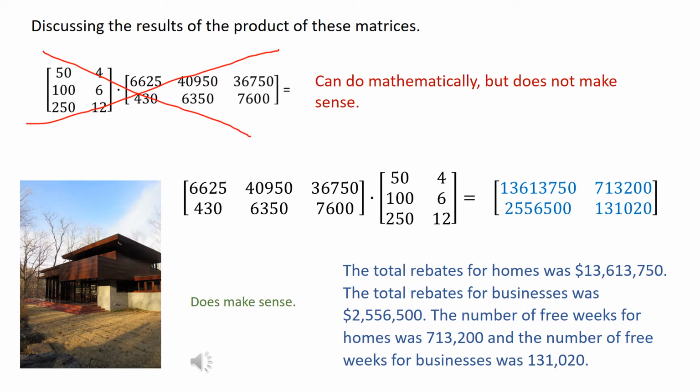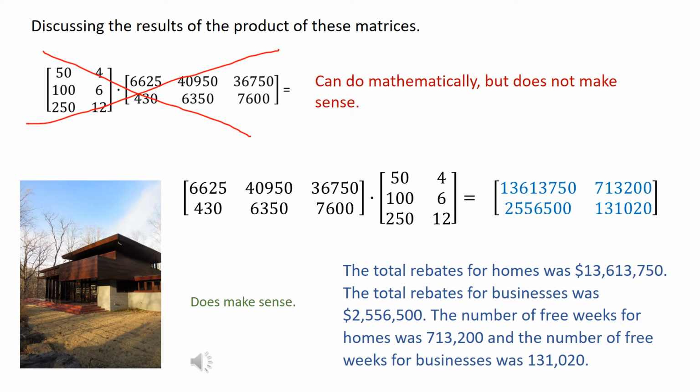But just because you can mathematically multiply two matrices when you have an application does not necessarily mean that the result makes sense. If we had mistakenly multiplied R by W plus E, we would have been able to do that mathematically, but it would not have given us something that made sense.